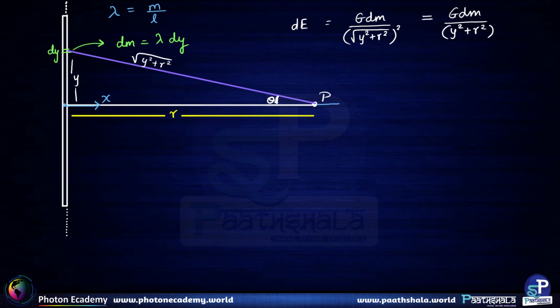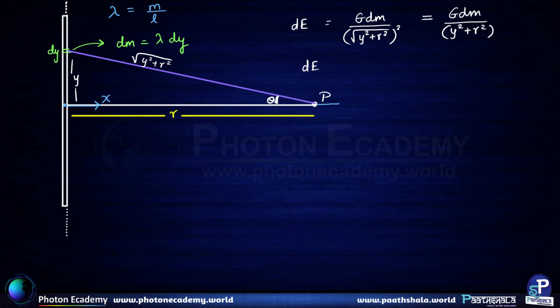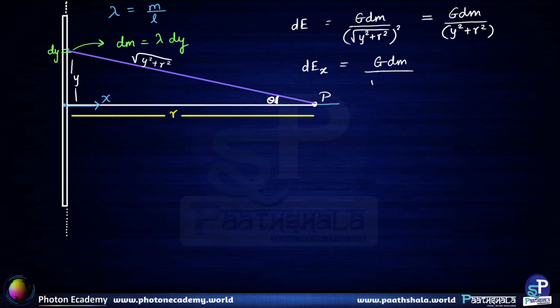Alright, so as of now we are interested in the horizontal component. It's not that for a finite rod only the horizontal component will survive, but we are going to go to an infinite rod. We would like to derive the expression for the infinite rod, so we are essentially interested in the horizontal component. The horizontal component will be given as G dm upon y square plus r square into cos theta.